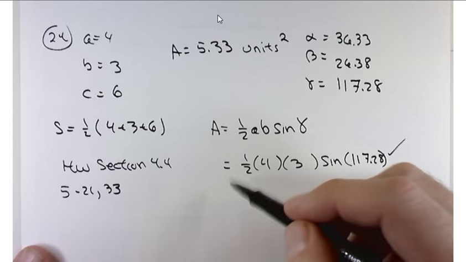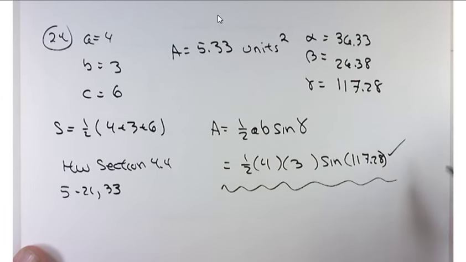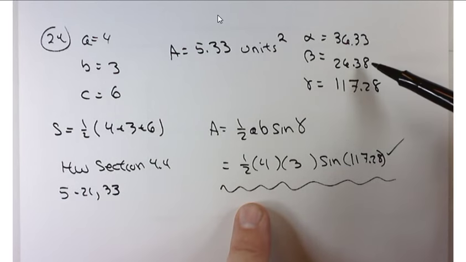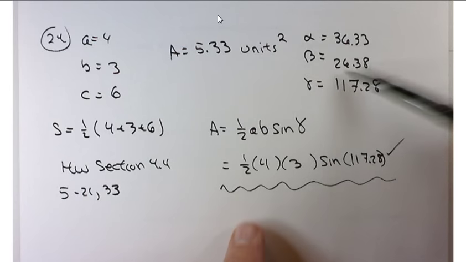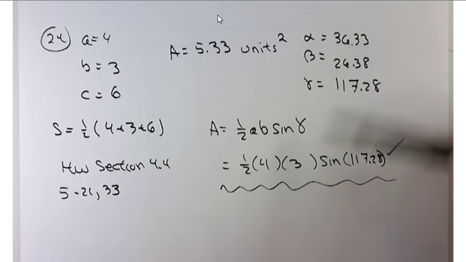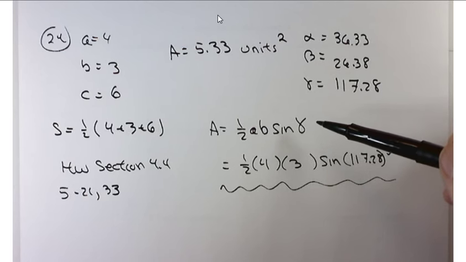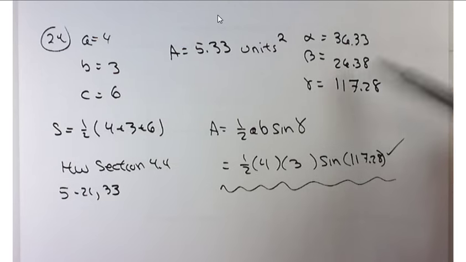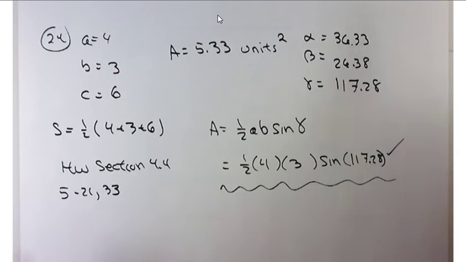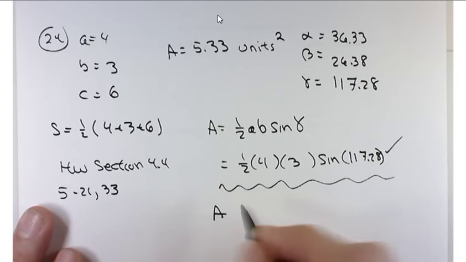I'll tell you what. Here's an easy way to get some more practice with this. Let's set this up for a different angle. Suppose you wanted to find the area, but you're going to use beta as opposed to gamma. We did gamma. If we wanted to use beta, then what formula would I use?